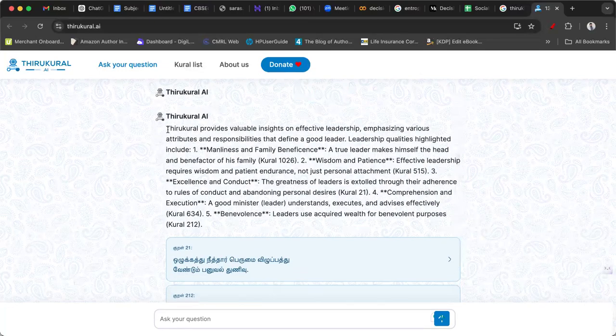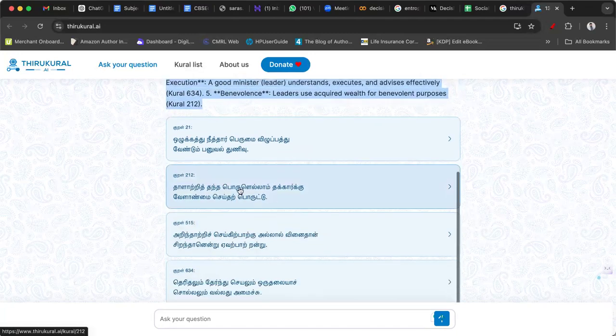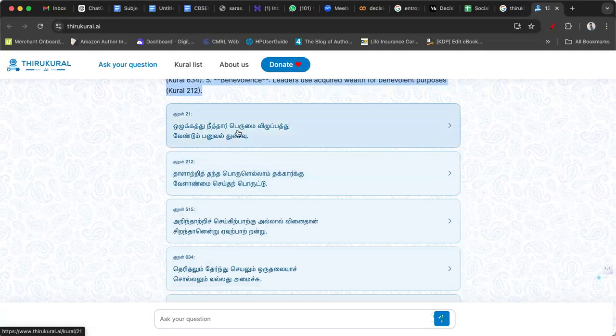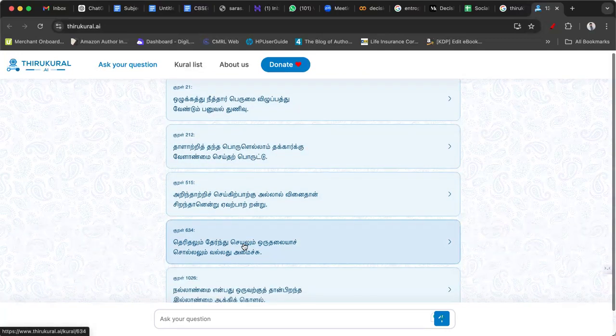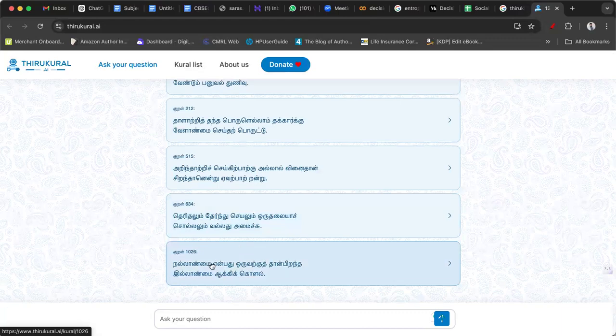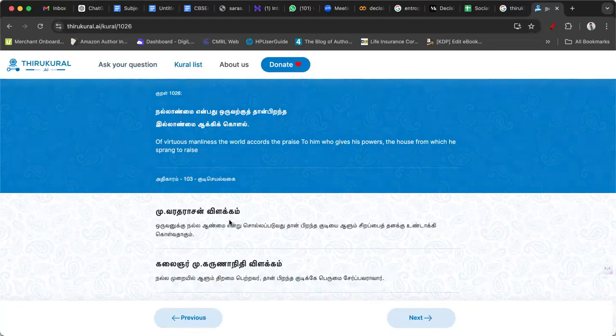So it is giving some insights, and it is giving the number of where it is coming from, which Tirukkural is saying about this, right?